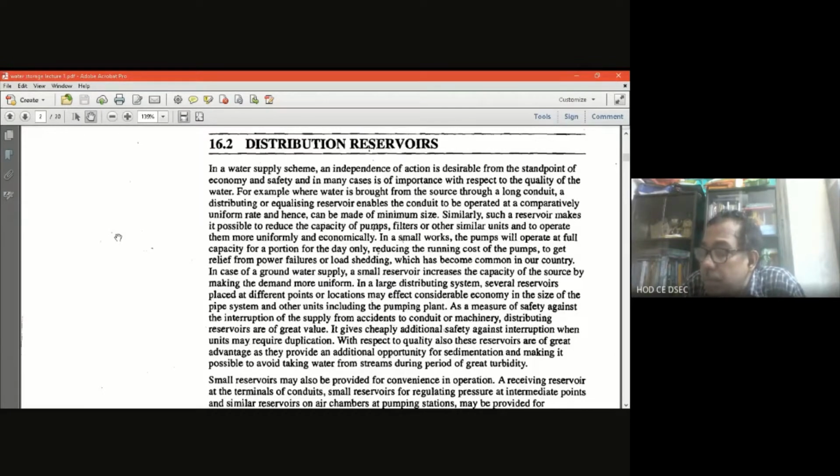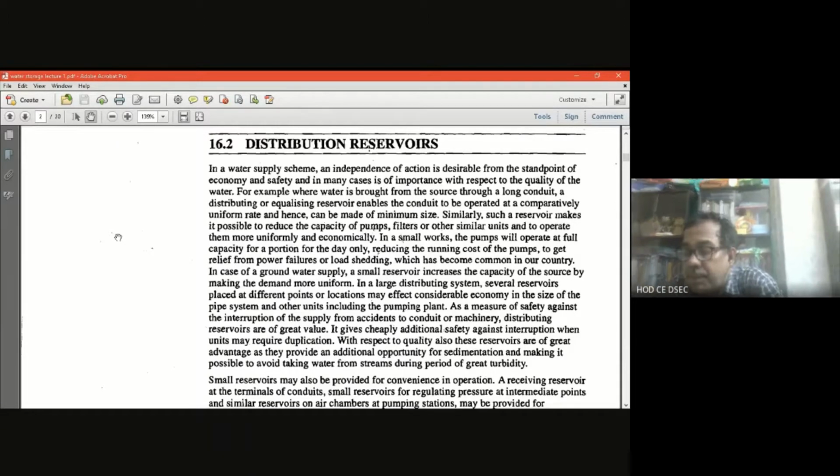Number three is the distribution reservoir for distribution of the water to the end users. And number four is the multi-purpose reservoir. So mainly these four types of reservoirs are there.